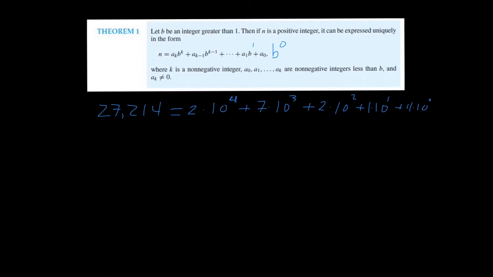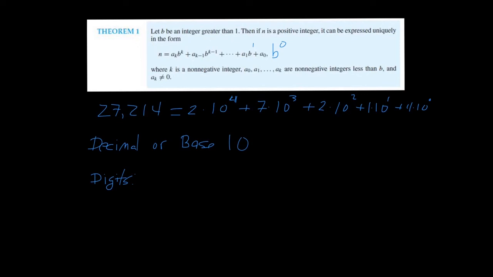So again, this is decimal or base 10. And what are the digits when you're in base 10? The digits are going to be all the numbers that are less than b, which is 10 in this case.